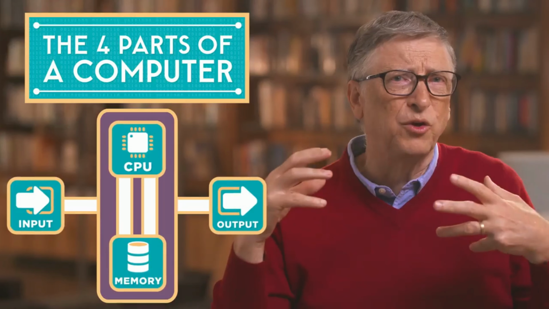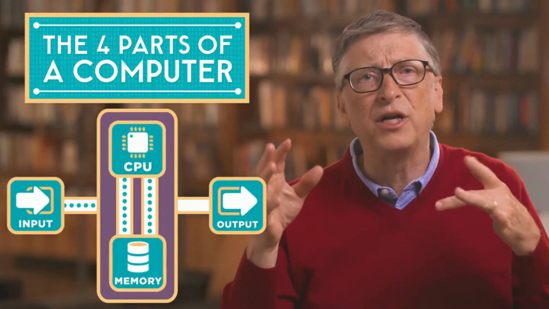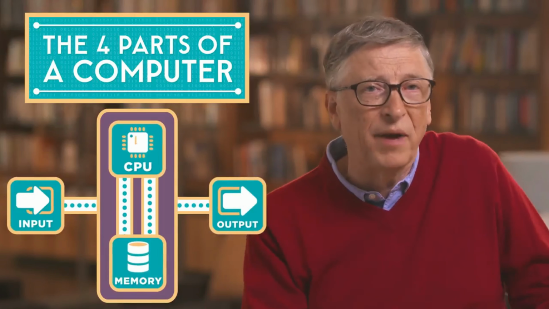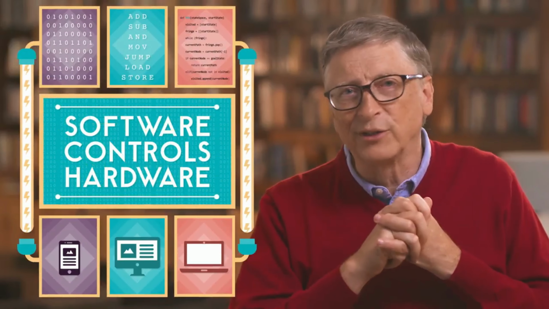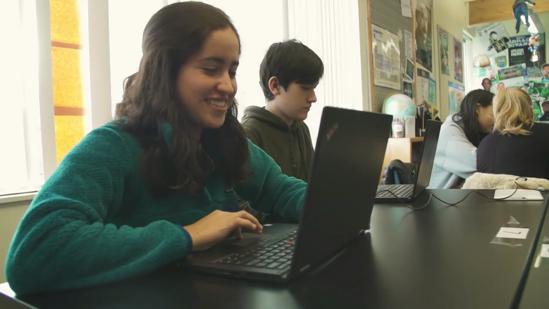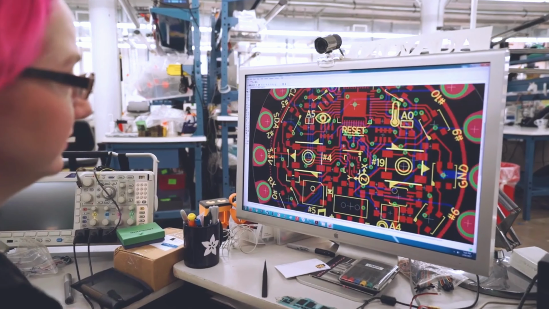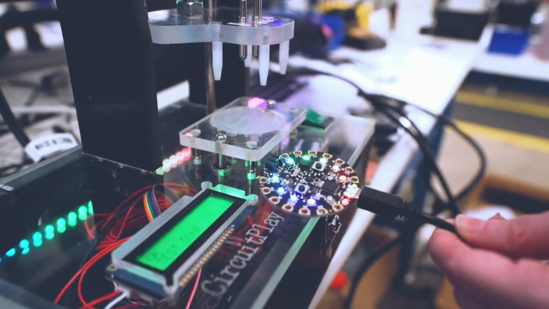Next, you'll zoom out and look at the different parts of a computer that actually input, output, and store all that information. Finally, you'll take a look at what code actually is and how software controls hardware. So whether you're just curious about the devices you use every day, or you want to design the innovations of the future, the first step is learning how computers work.